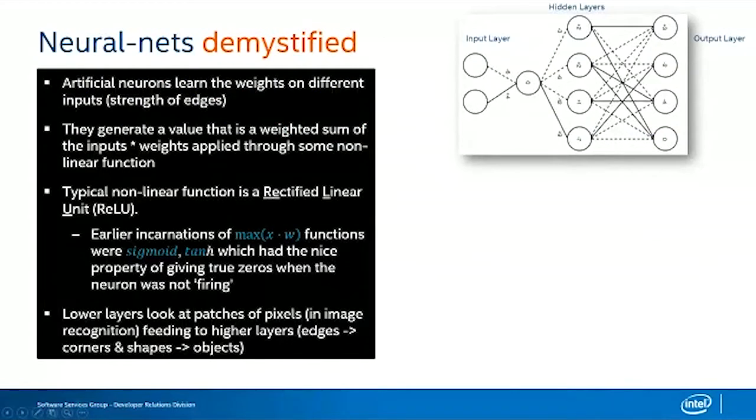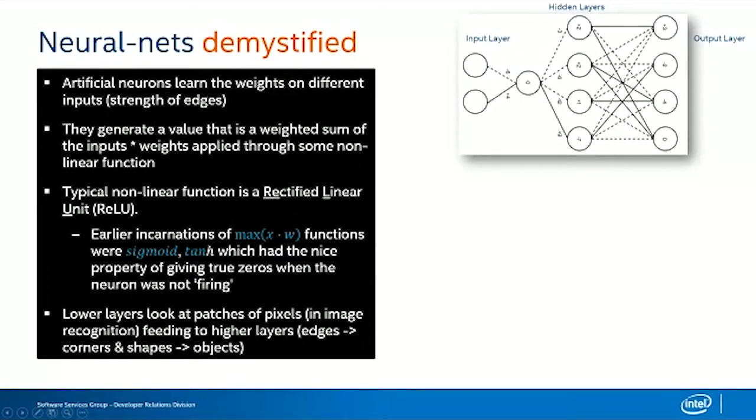When you take a look at artificial neural networks, right, what you essentially have is an input set of neurons that take in data. So imagine the data is a single pixel from an image, or let's say the data is time series, temperature measurements, and another, voltage measurements, so on and so forth. And they generate a value that's essentially a weighted sum of their inputs times the weight, right?